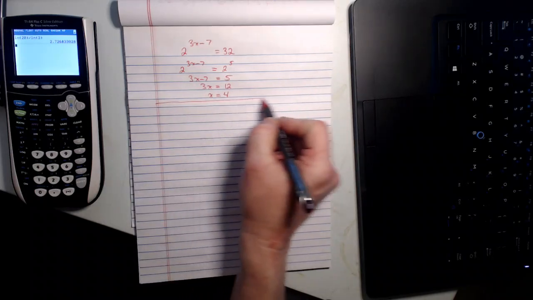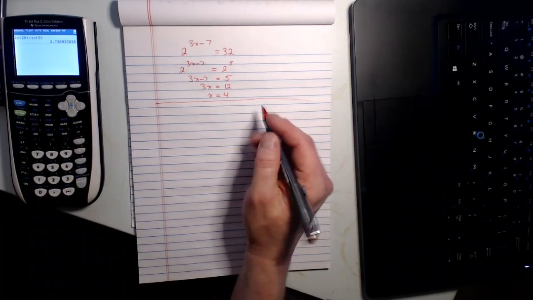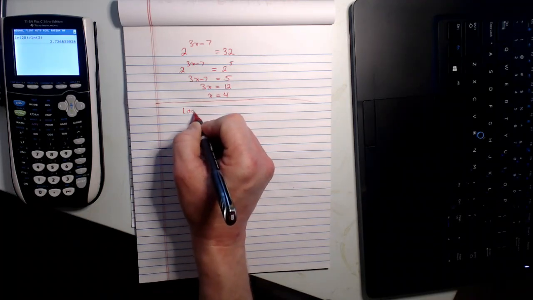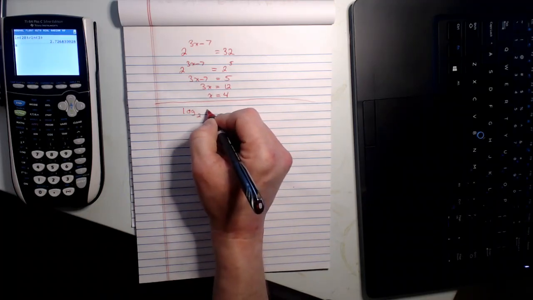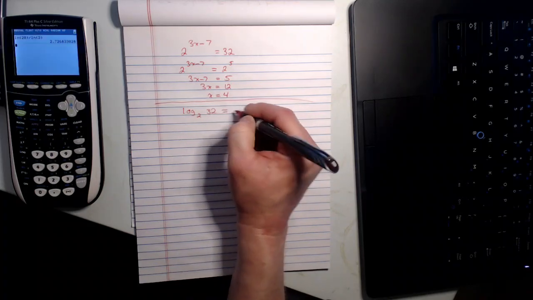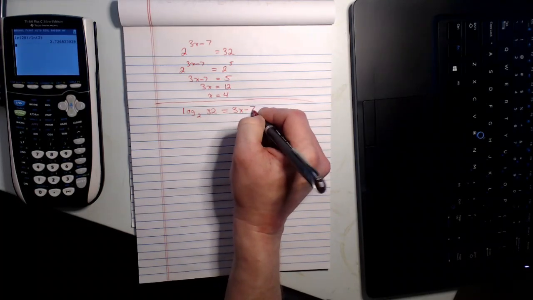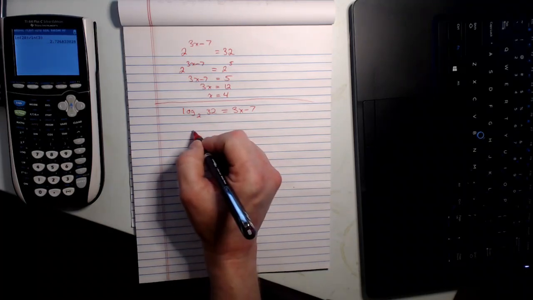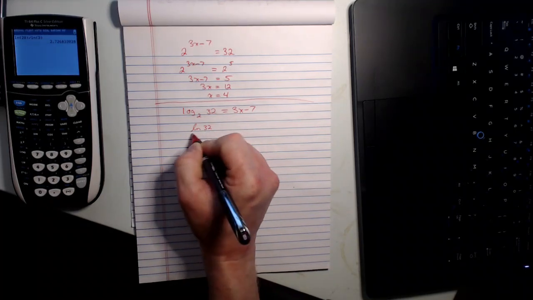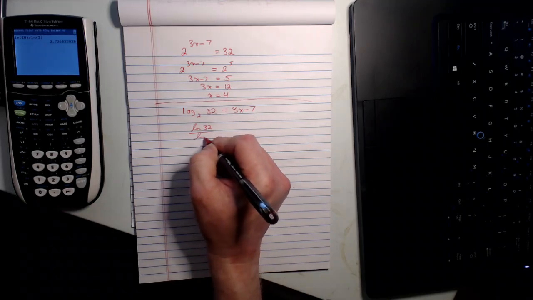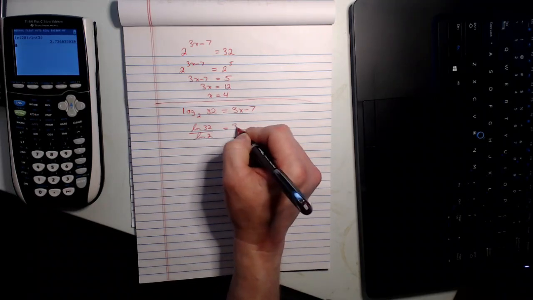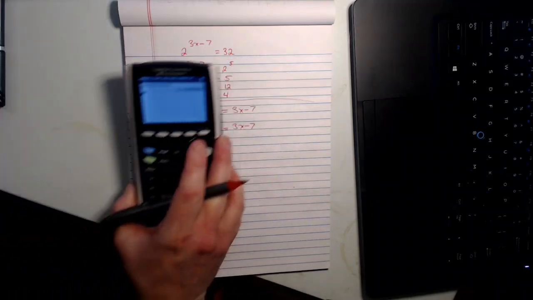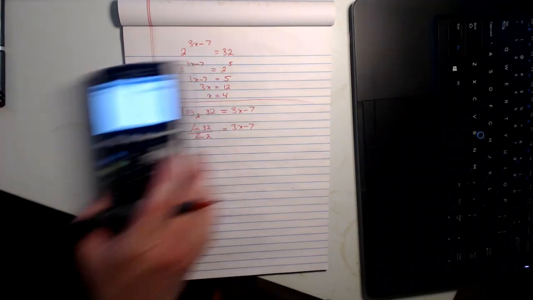Or if that's not working for you, you can always change the form. You can change this into log base 2 of 32 is equal to 3x minus 7. Put this into your calculator as the natural log of 32 over the natural log of 2 is equal to 3x minus 7. And you can do this because maybe you don't know your exponents.